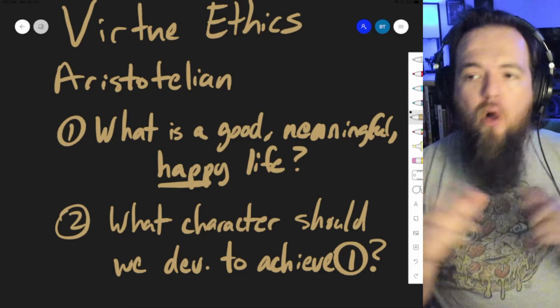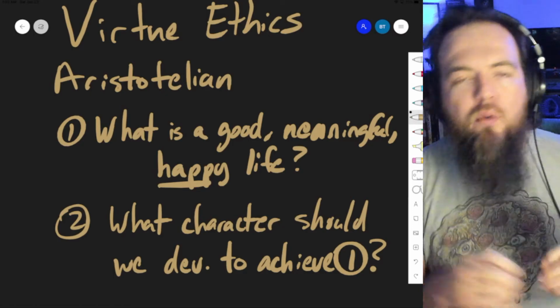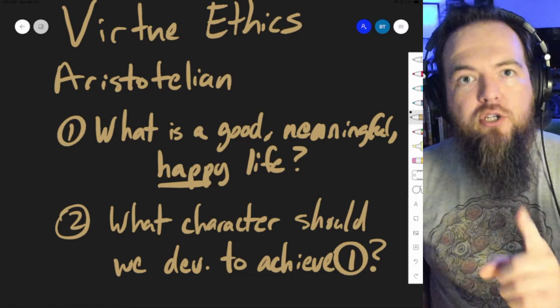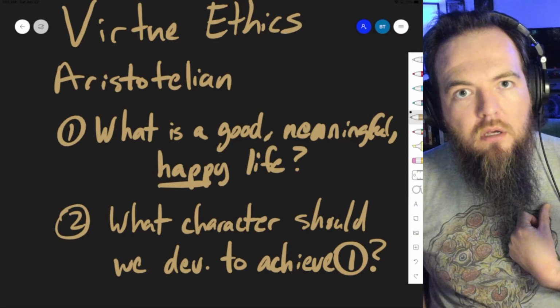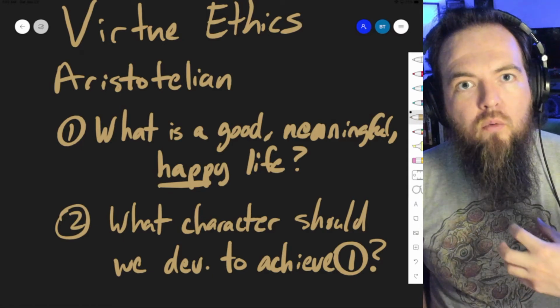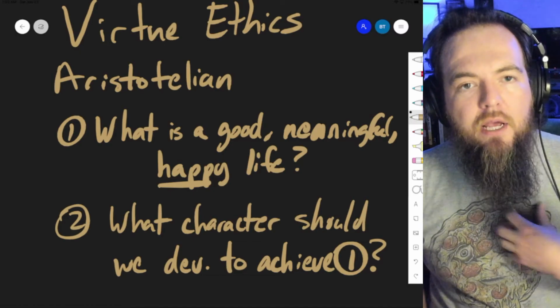Given that that's all of our goals, we all want to do that. Even if we disagree on what that is, we agree that we're all trying to strive to live a good life. Now the question is, what kind of person do I need to shape myself into in order to achieve that good life, right? What kind of person do I need to make myself to give myself the best chance?